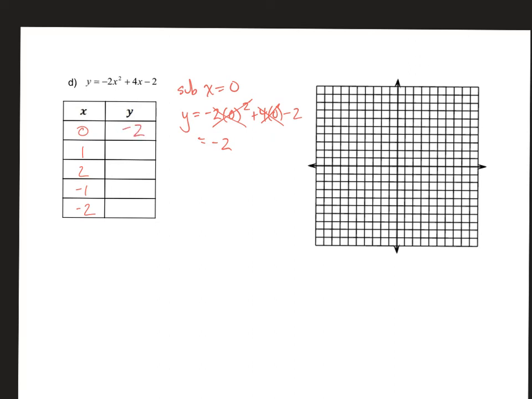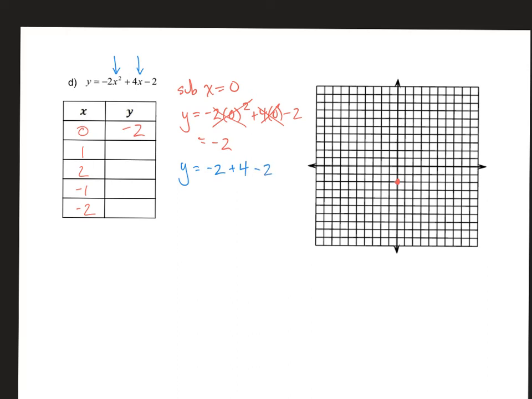And some people are going to feel really comfortable to start to plot their points as they construct their table. We make a substitution of 1, and maybe you start to feel more confident to do it in your head. I need to sub in and calculate my squared. So 1 squared is 1. So I have -2 times 1 is -2. You make your substitution in for the other x value. 4 times 1 is 4.